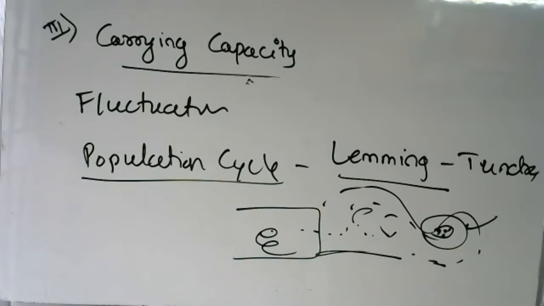For example, lemmings, the mouse-like rodents of tundra, reach peak size in summer.